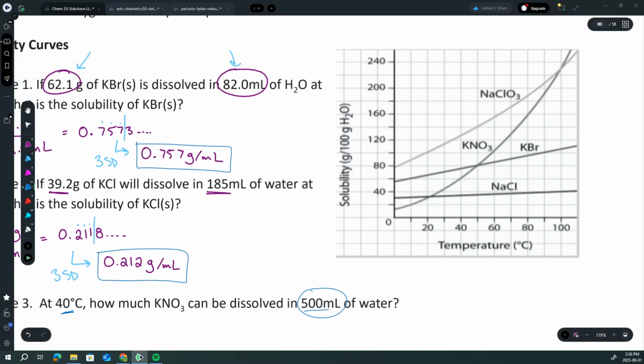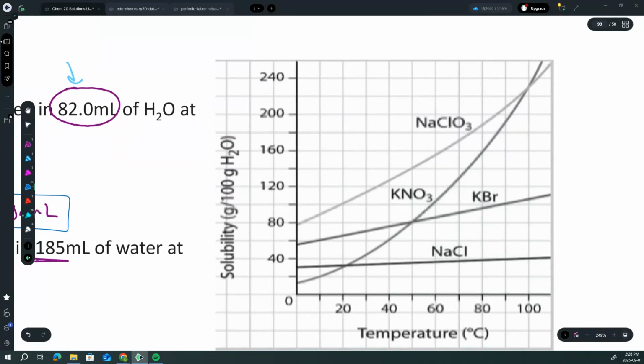So, potassium nitrate, that curve is this one right here. And it says at 40 degrees Celsius. So we're looking right here.